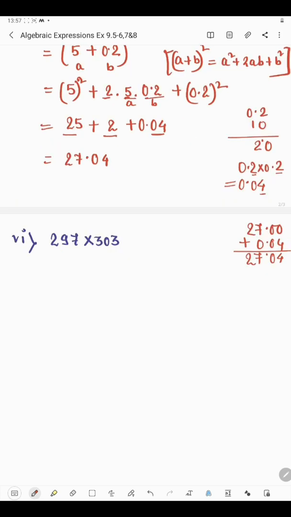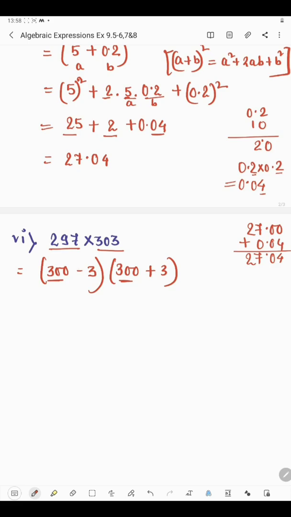Okay, now coming to next part. Now in the next part we have 297 multiplied by 303. So here this 297 can be written as 300 minus 3 because 297 is 3 less than 300, right? And 303 can be written as 300 plus 3. See how I have written this. I have kept the first one the same.